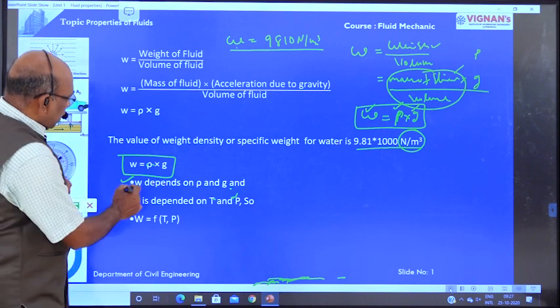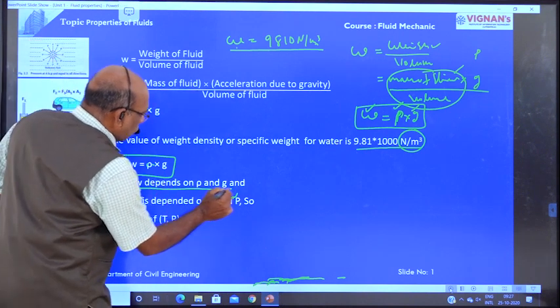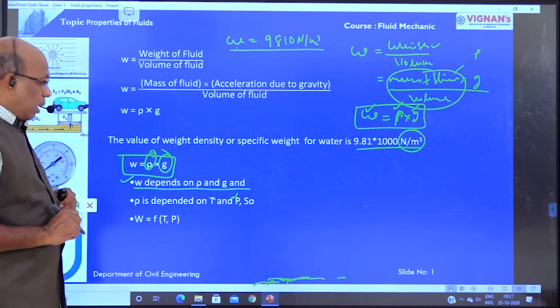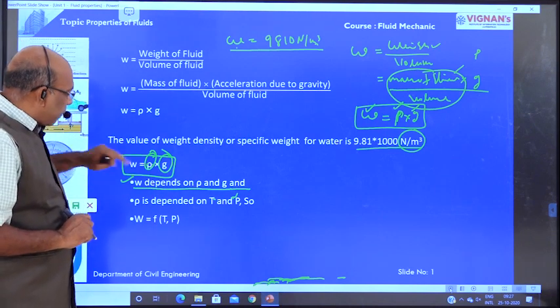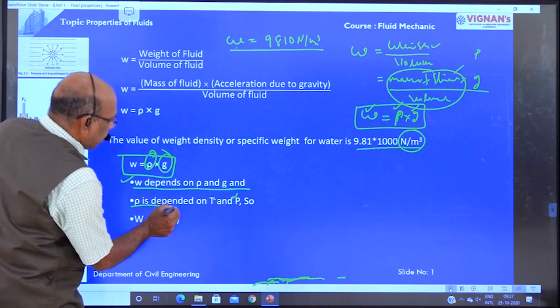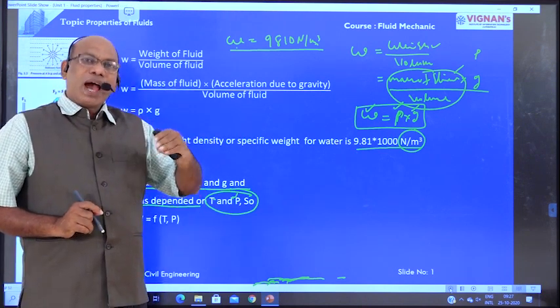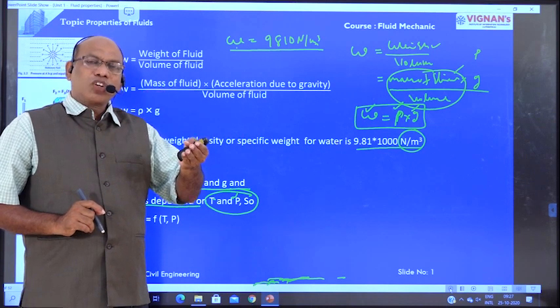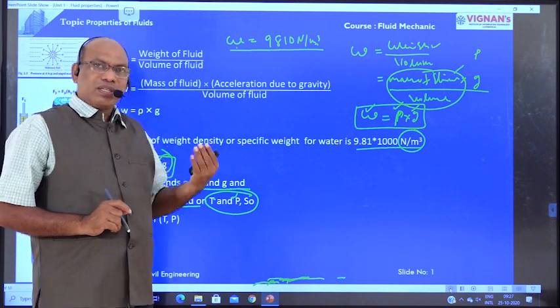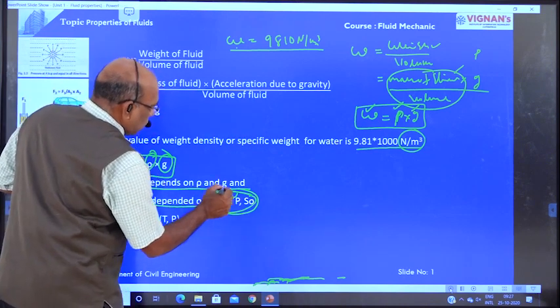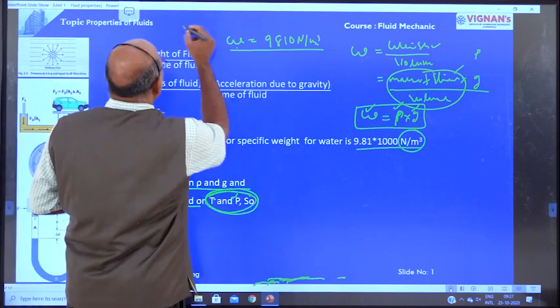But here weight density depends on rho and g, but the density depends on temperature and pressure. If the temperature increases, volume increases, automatically density reduces. So depends upon the temperature and pressure variations, what is the formula for the density?